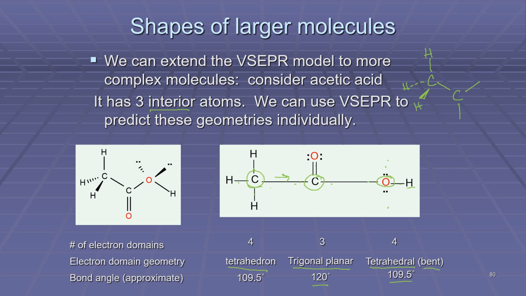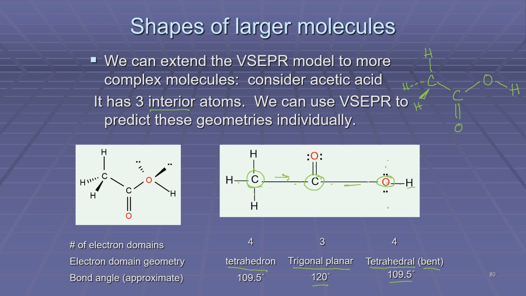One of its bonds is back to the first carbon, one of its bonds is to an oxygen, and one of its bonds is to this oxygen on the right. So that's the second bond. And then this oxygen, because it's bent, I can just draw it like that. If you drew it that way too, that would be okay.